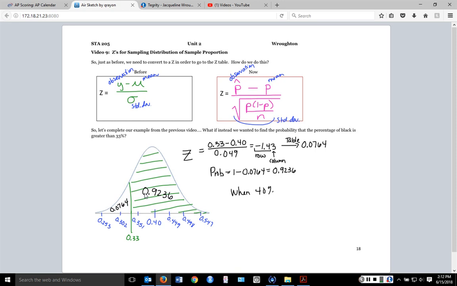So when 40% of all beads are black, which that part is really using that we were told, and we're using that p is 0.4, there is a 92.36% chance that at least 33% of the 100 beads sampled are black.